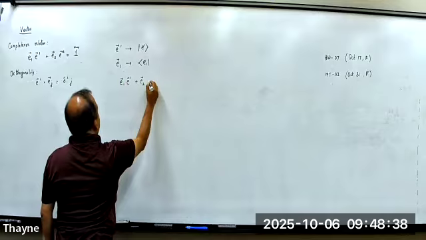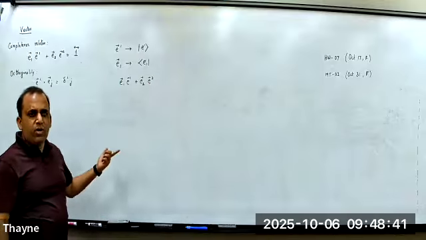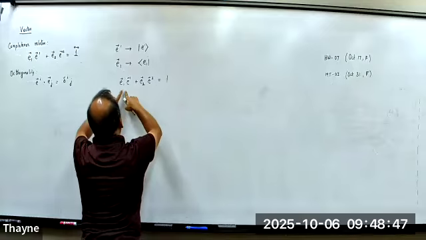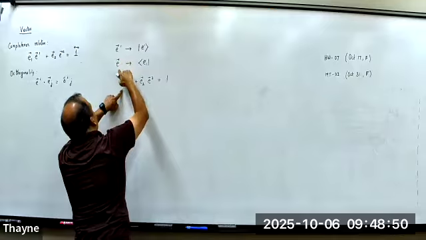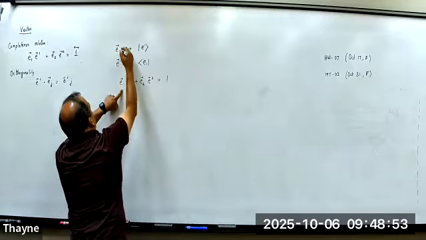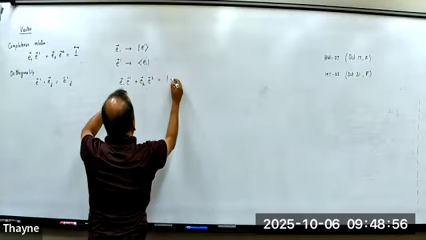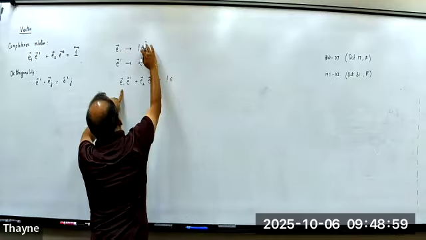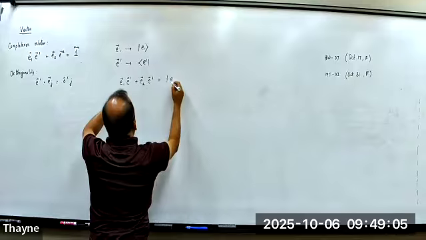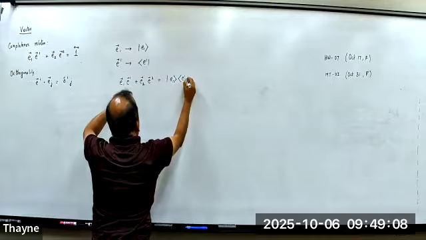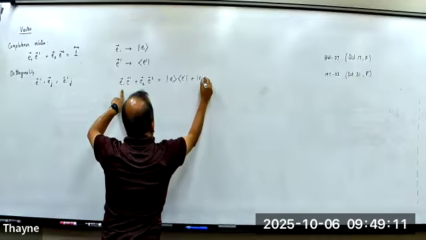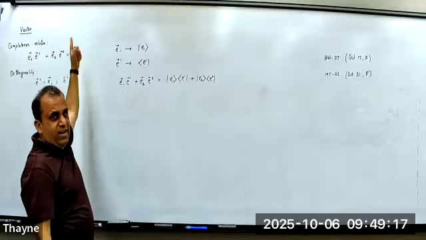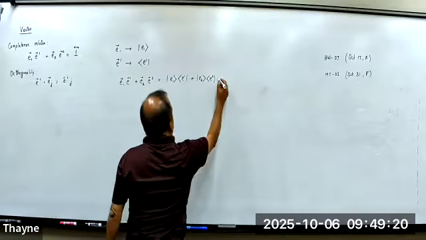If there were only 2 states, usually there are more than 2, but if it was a spin state, for example, then you would say this is e1 plus e2, and this should be a dyadic in this form, or you just write 1.